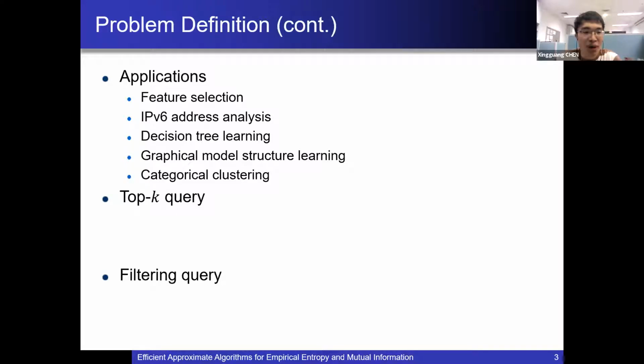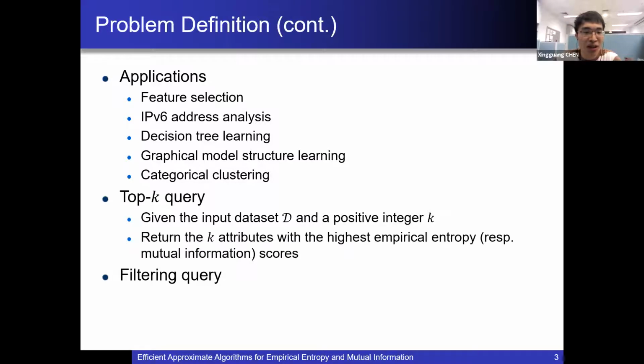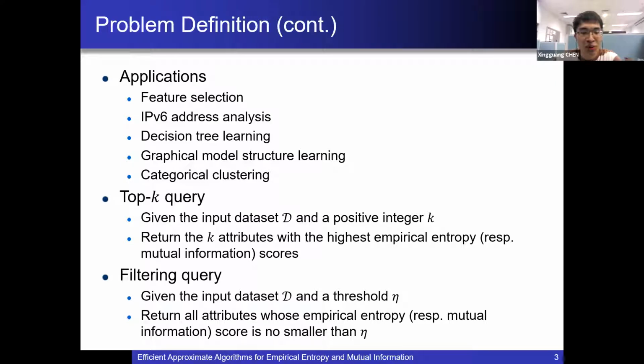For top K query, given the input dataset D and a positive integer K, it aims to return the K attributes with the highest empirical entropy or mutual information scores. For filtering query, given the input dataset D and a threshold eta, it aims to return all attributes whose empirical entropy or mutual information score is no smaller than eta.